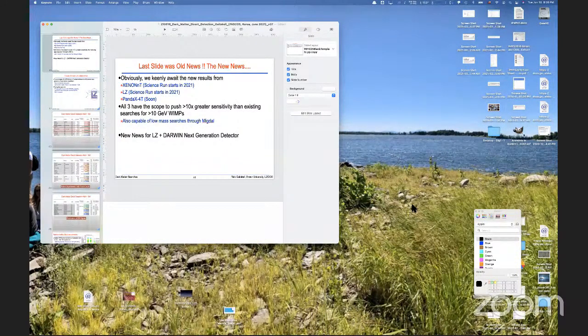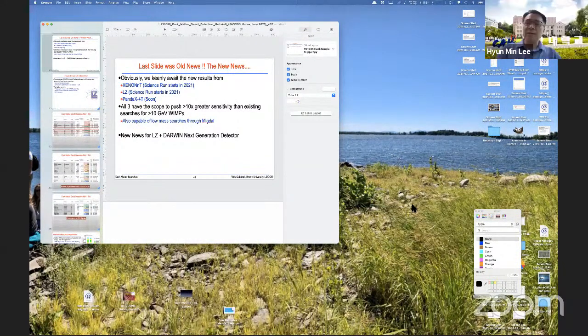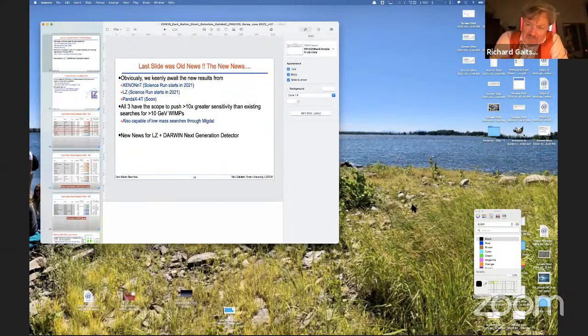Thank you. So I think in the case of LZ, you still have a low threshold, as low as 1 keV. You still keep the threshold as low as possible. Yes, for decades we've spent a lot of time designing data acquisition systems that are able to do a very nice job of being able to record every photon, every electron.